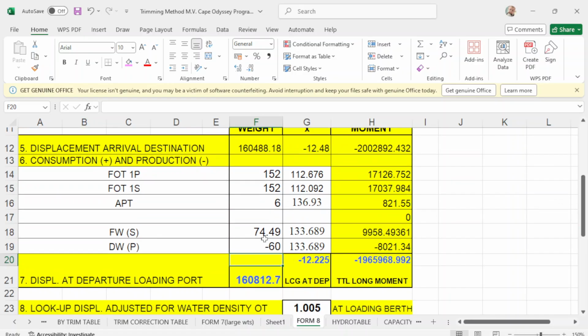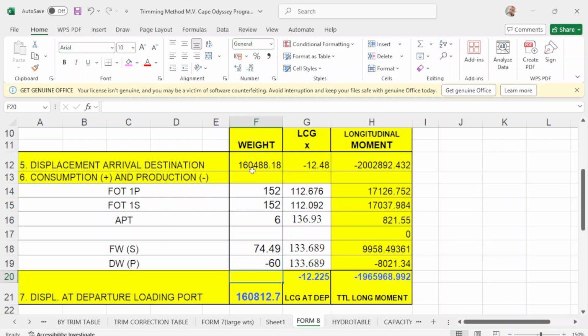Your fresh water consumable is 74.49 metric tons, and you have a production of 60 tons. This will be your total weight of 160,812.7, your total moments, and your final LCG.